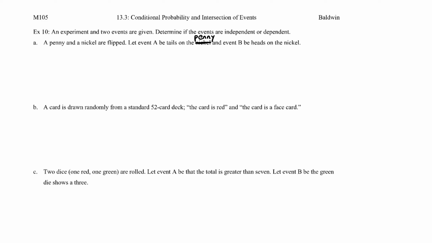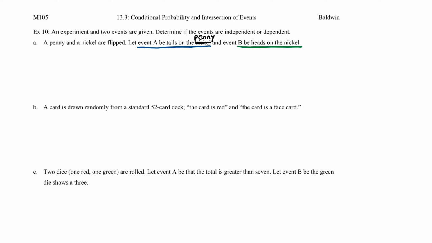The very first thing we need to do is figure out the probability of each event independently, separately. A is that we're going to have tails on the penny, and B is that we're going to have heads on the nickel. When we flip a coin, whether it's a penny or a nickel, the only two outcomes are that the coin lands on heads or tails.